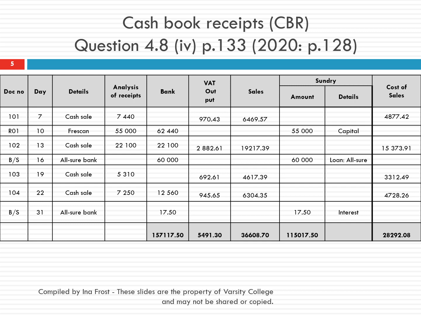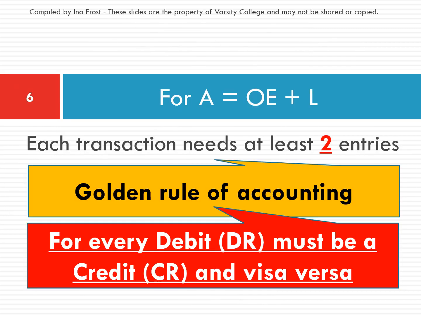part of the question. And now we're going to use this cash book receipts and we're going to post it to the general ledger. And essentially what we're going to do is create a double entry out of this cash book receipts and post that double entry to our general ledger.